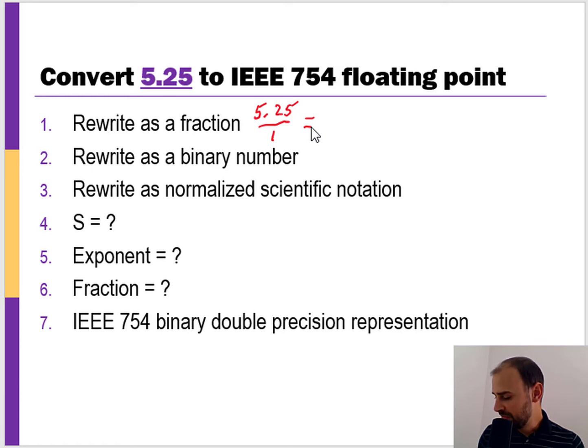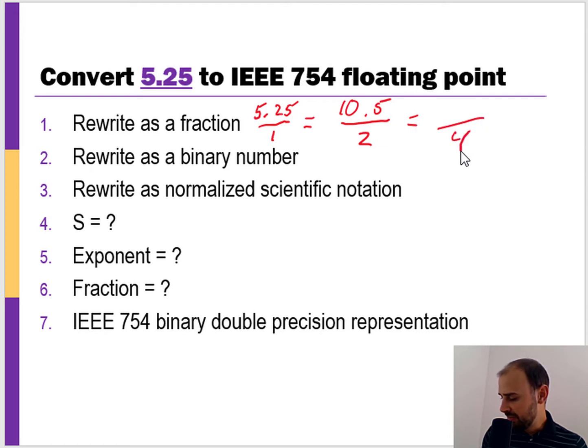Say we've got 10.5 over 2. We've still got a fraction, so we double the denominator again and get 21 over 4. So we've written it as a fraction.